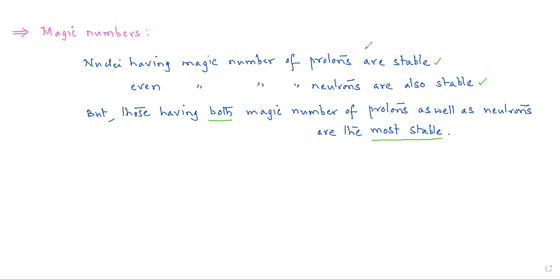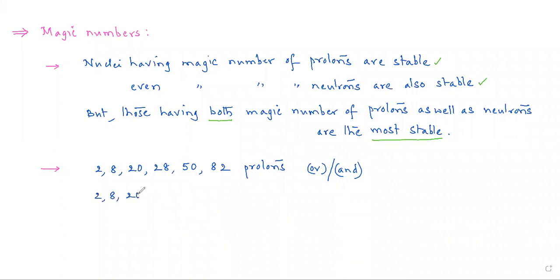Then what are these magic numbers? See, the magic numbers include 2, 8, 20, 28, 50, 82 protons, and you can say both, and 2, 8, 20, 28, 50, 82 and 126 neutrons.